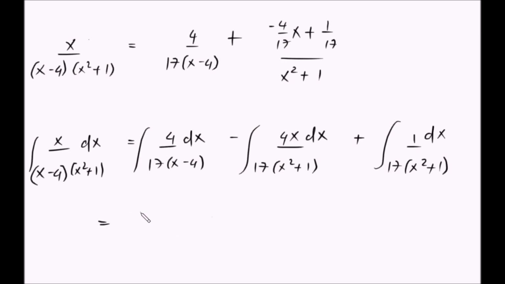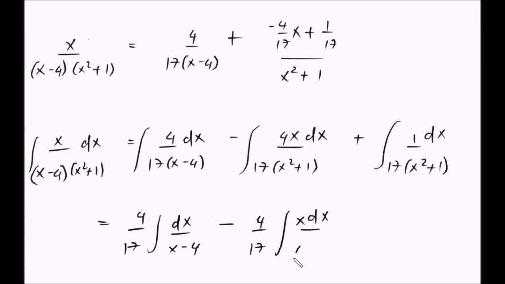So tuwe constant nje hapa tutakuwa tuna 4 over 17. So tuna dx over x minus 4. So imeisha, minus toa nje tena 4 over 17. So tutakuwa tuna x dx over x square plus 1 jumlisha toa nje 1 over 17. So tutakuwa tuna dx over x square plus 1.